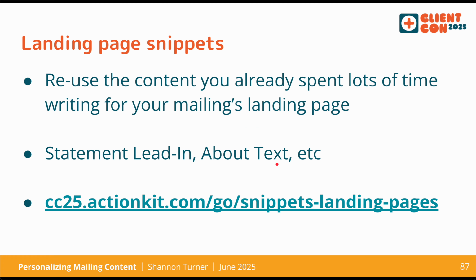And if you've already written content for your mailings landing page, then you can reuse that content like the statement lead-in and the about text for petitions, the ground rules for events, ask text for donations, and so on. We make all of those snippets available. Just make sure you connect your landing page to your mailing.